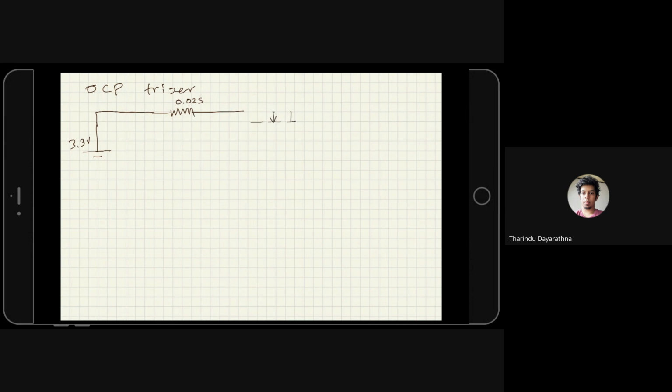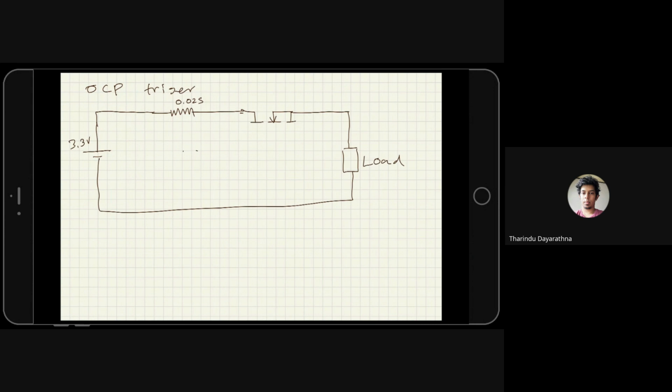Input. And our load is some kind of board. Okay, this is the circuit. So what this OCP chip does is a very interesting thing.